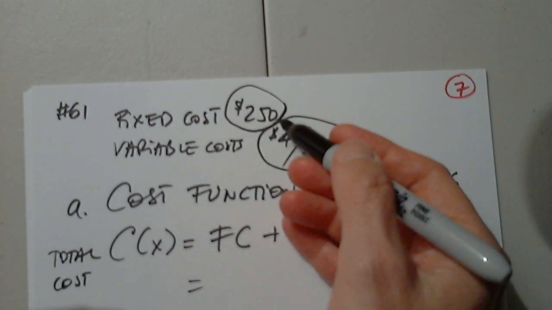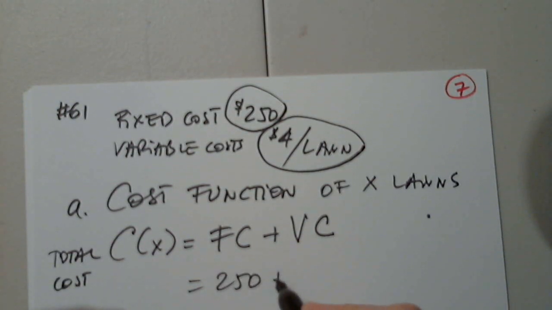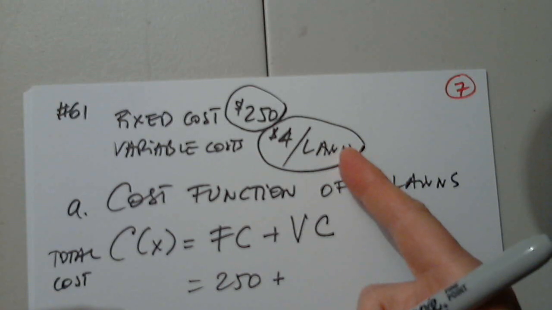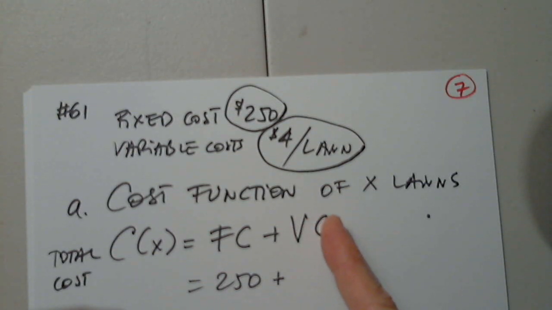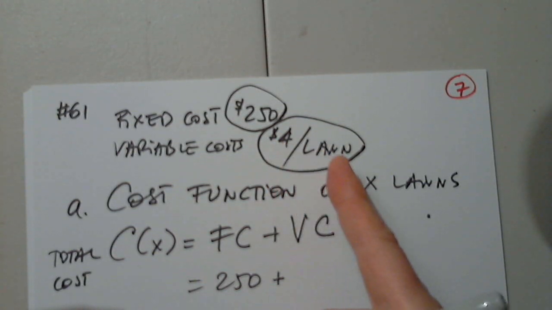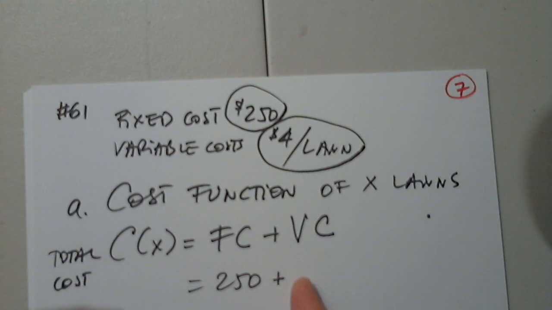Fixed is fixed, $250. But how do I write the variable cost? This is $4 per lawn, and x is the number of lawns. If the cost is $4 for each lawn, what will be the total variable cost for x lawns?